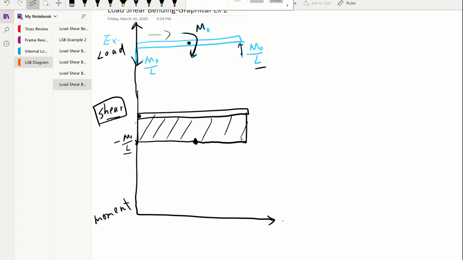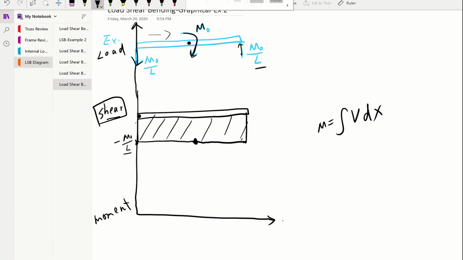Okay, the last is our moment. So far we already learned a very important rule, which means moment is the integral of shear. Sorry, I wrote this wrong. Moment is the integral of our shear.